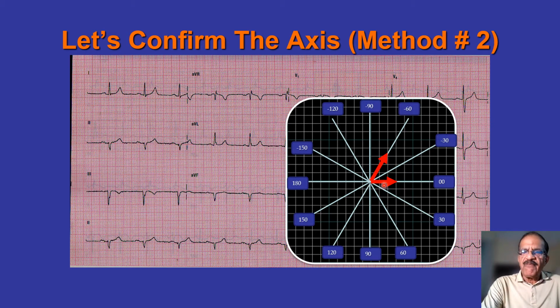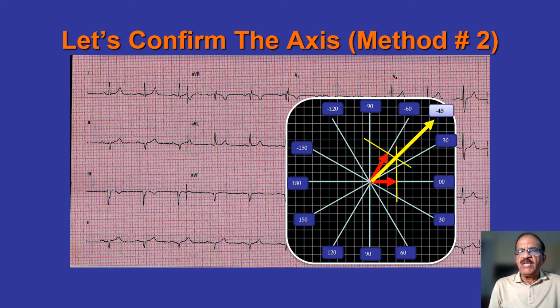Now, if you remember the method, we draw a line here and another line here, and where both lines meet, we draw an arrow. Again, the answer is minus 45. So both methods demonstrate that the axis in this patient is minus 45. That means left axis deviation. So this confirms that this was a case of left anterior fascicular block.